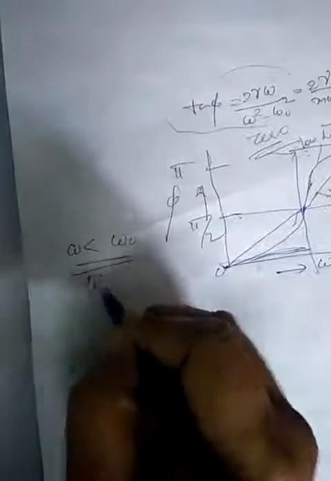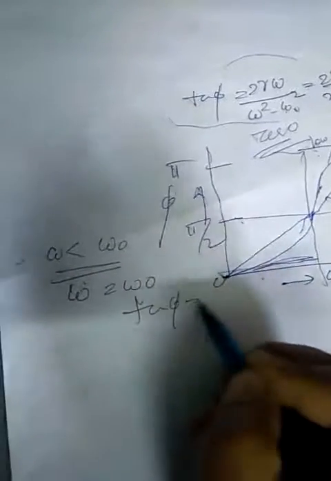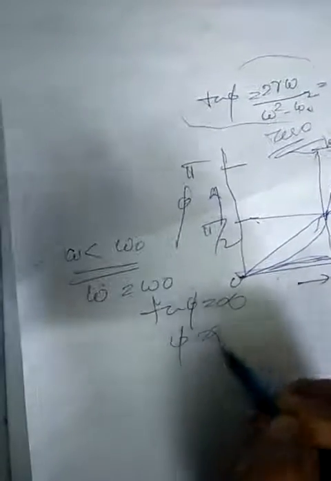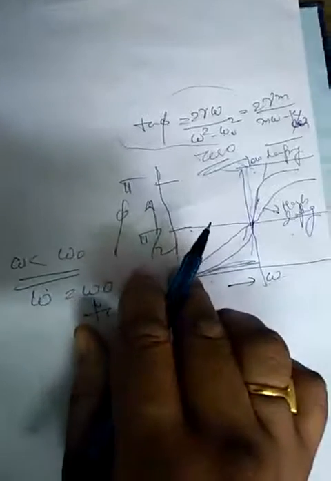Now when omega is equal to omega naught, tan phi is equal to infinity, so phi is equal to 90 degrees. You will get this kind of curve, and then it will be this straight line. This means that when the force attains its maximum value, the displacement is zero and vice versa.